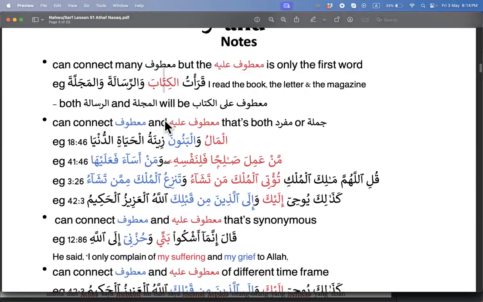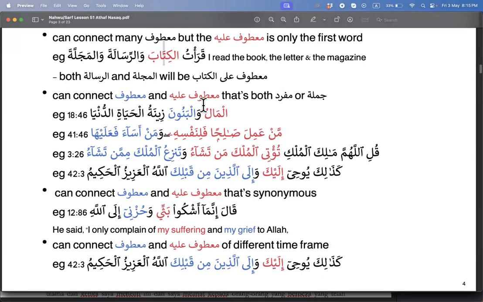And then you can connect, as I already said just now, a mufrad word, even a jumlah. Here we have ism and ism, mubtada and the maktuf, and then the rest is khabar. And then here, man amila salihan fali nafsi. What kind of jumlah do we have here?